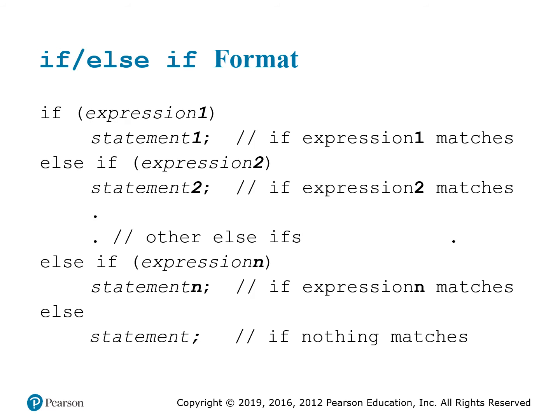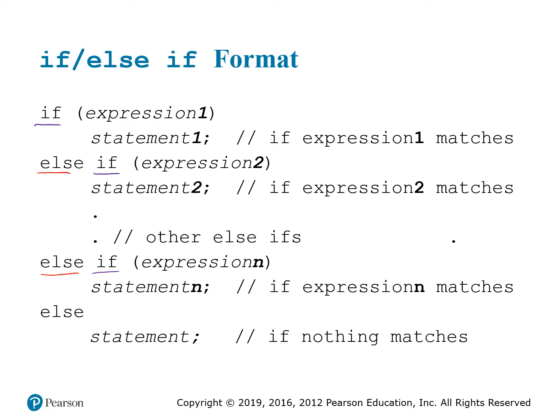So if expression 1 matches, we're going to do statement 1. Else, then we ask another if. If expression 2 matches, we're going to do statement 2, and we continue with more else ifs.